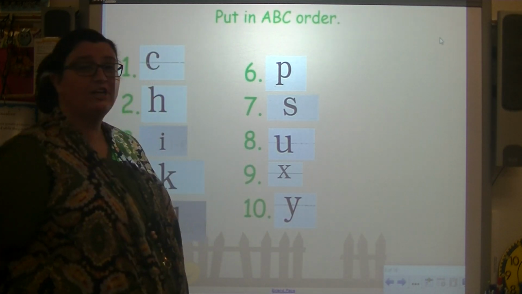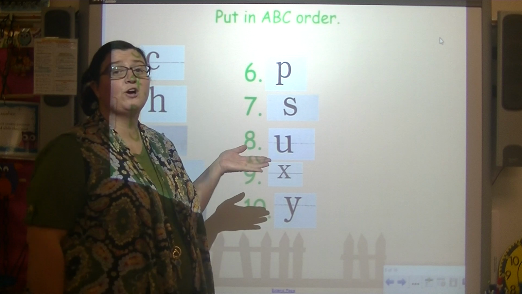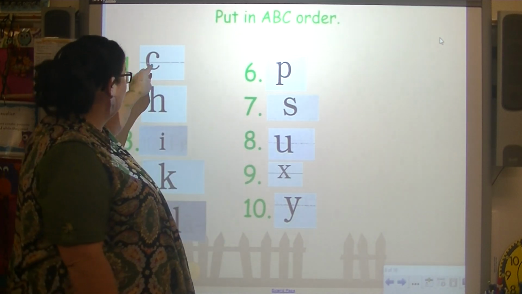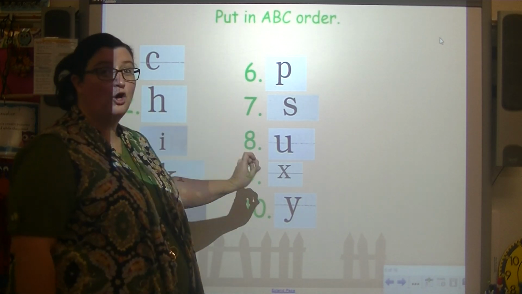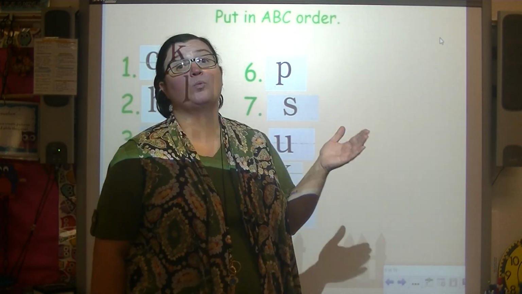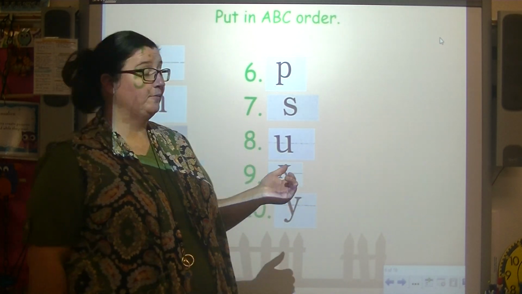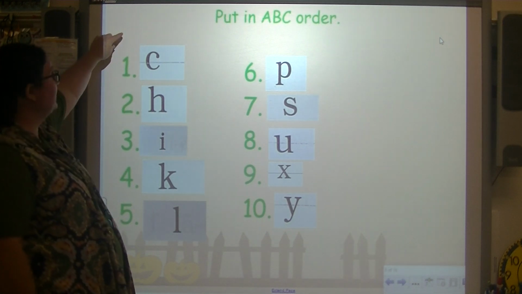Now the way to check yourself is if you can sing your ABCs and you can go down the row as you touch them, then they're in the correct order. So let's see.